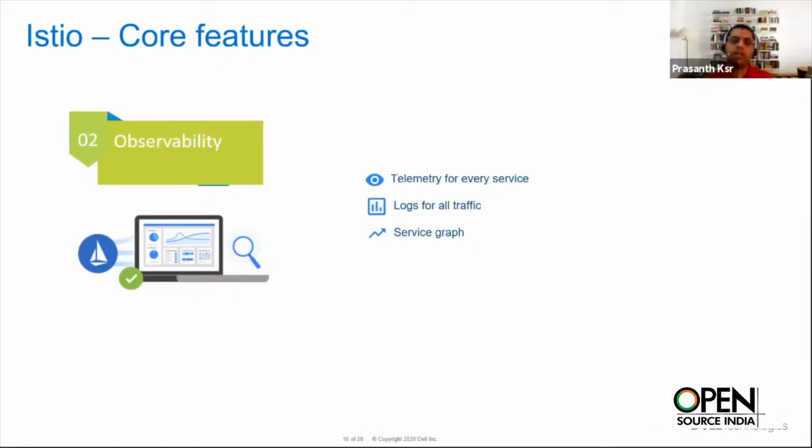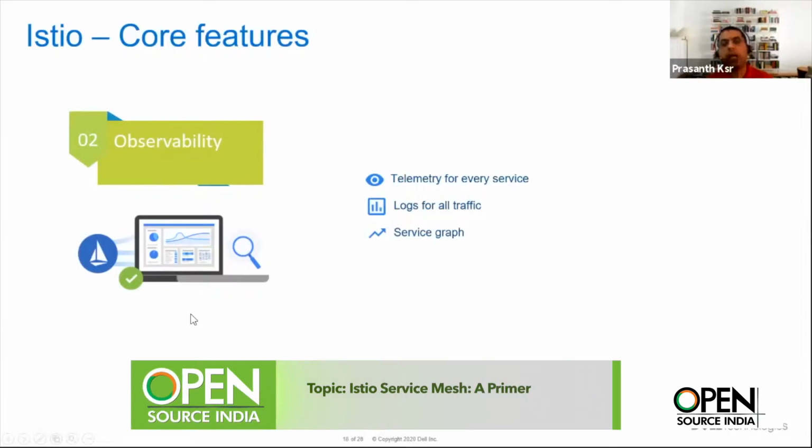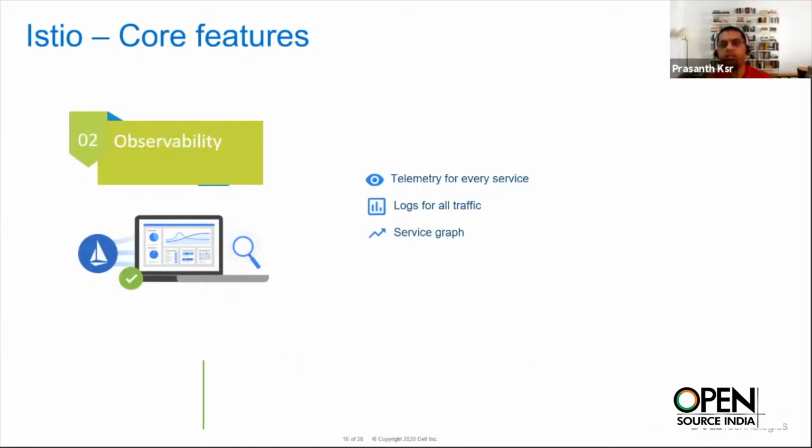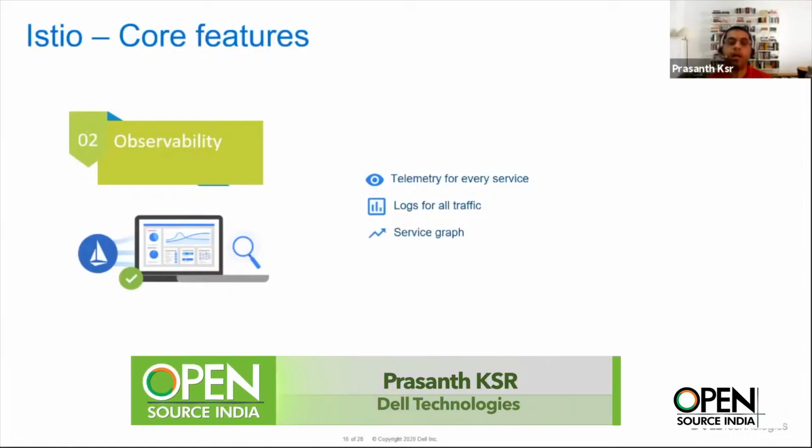So when it comes to observability, three key features are really important. You need to have telemetry for every service. Whenever I talk about a service, I'm talking about a granular level, not an entire pod or an entire cluster level. It's not a high-level thing.